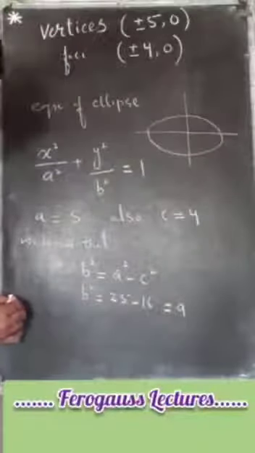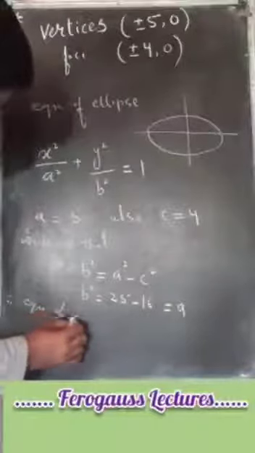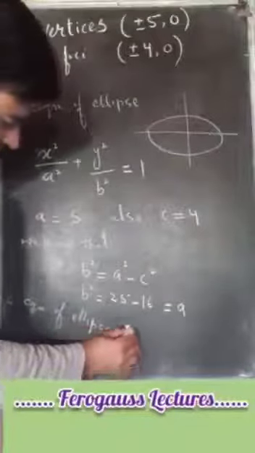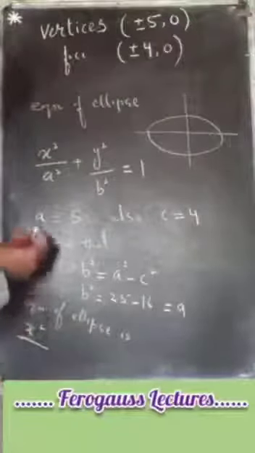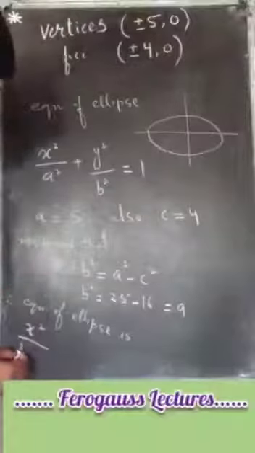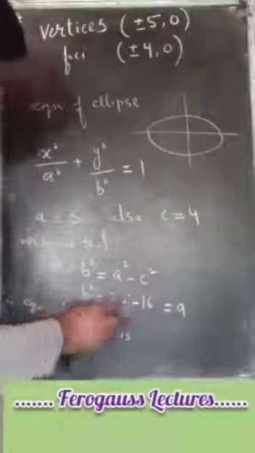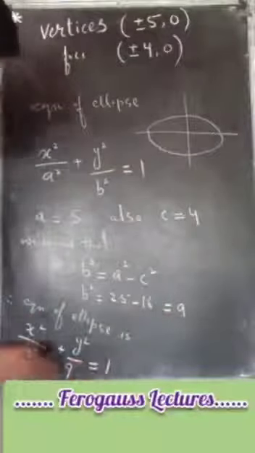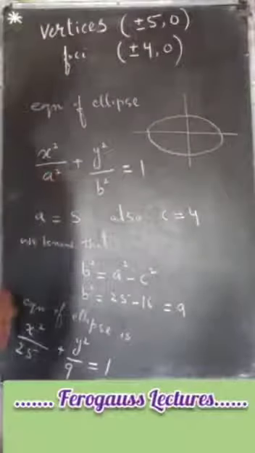Thus, equation of ellipse is x square divided by a square, that is 5 square, so that is 25, plus y square divided by b square, that is 9, is equal to 1. So this is the required equation of ellipse, and this completes the question.